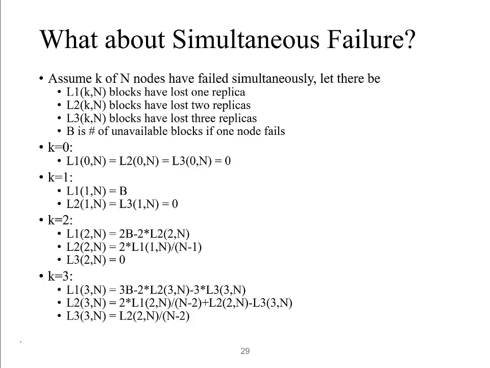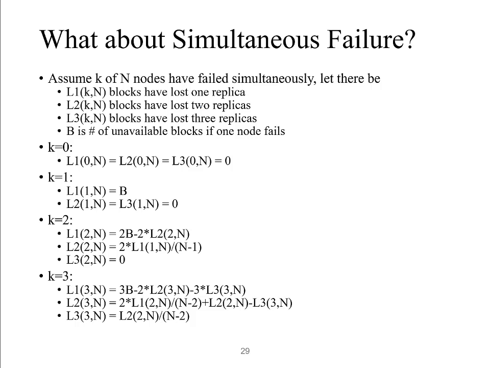Assume that there are n nodes and k of them have failed simultaneously. We define L1 as the number of blocks that have lost 1 replica, L2 as the blocks that have lost 2 replicas, and L3 as the blocks that have lost all 3 replicas.